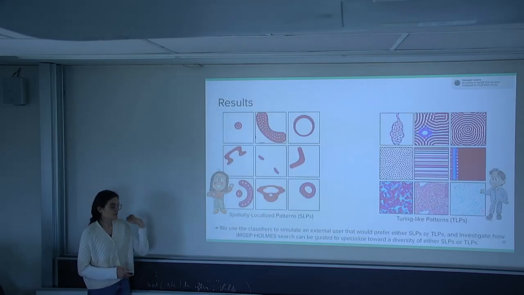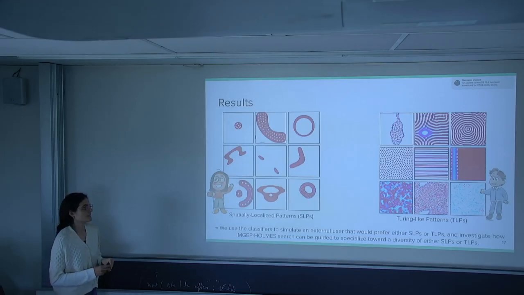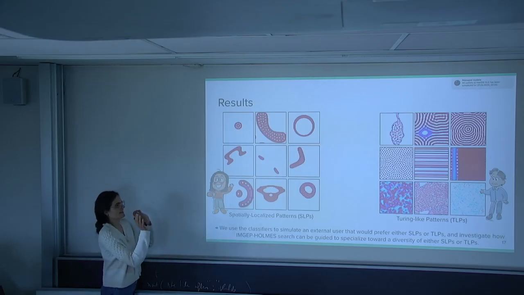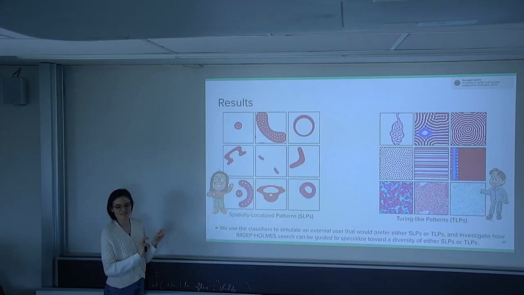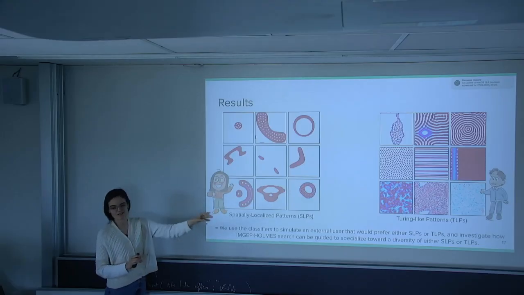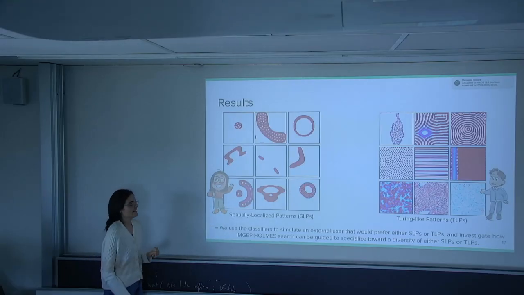So then to test this second variant, we did this little experiment with, it was not actual humans, it was simulated humans. So we had basically filters, like classifiers, that categorized patterns as being spatially localized or Turing-like, and then we would simulate humans as preferring one or the other category.